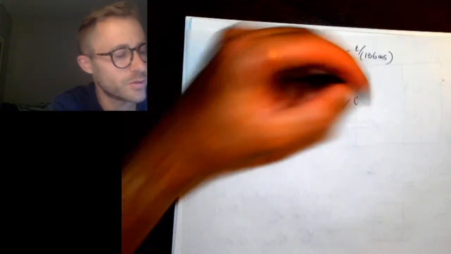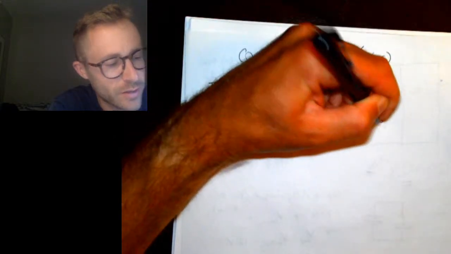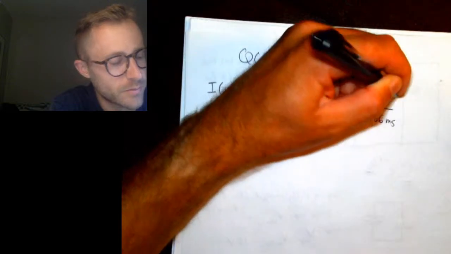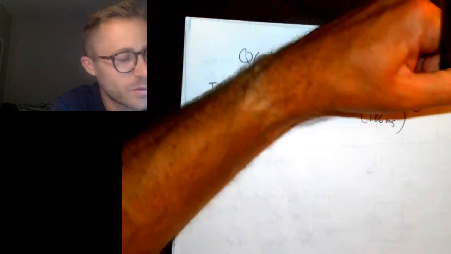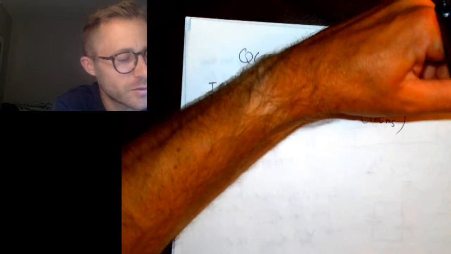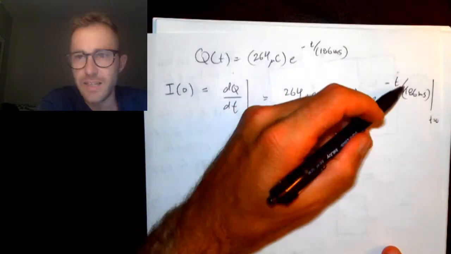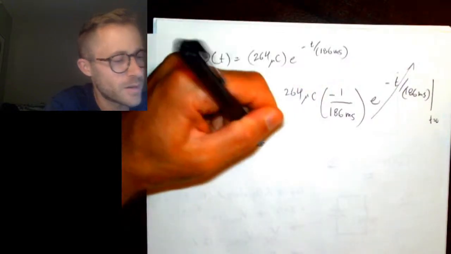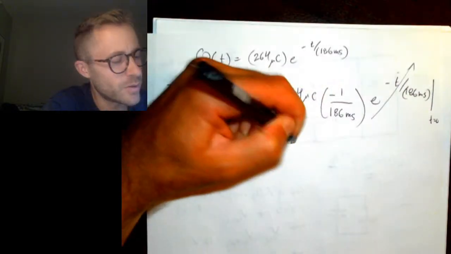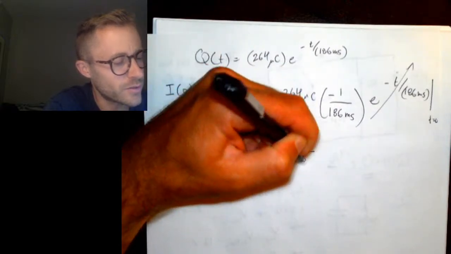The chain rule is going to bring down negative 1 over 186 milliseconds times e to the negative t over 186 milliseconds. Okay? And then we plug in time equals 0. So this becomes e to the 0, which is 1. So this part just goes away. And we get negative 264 micros divided by 186 millis.